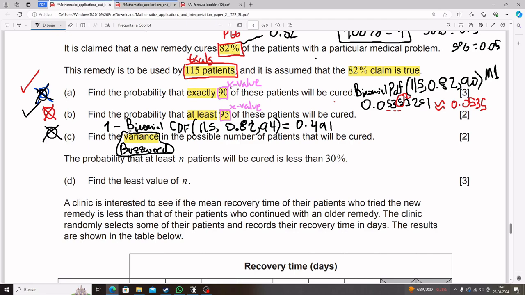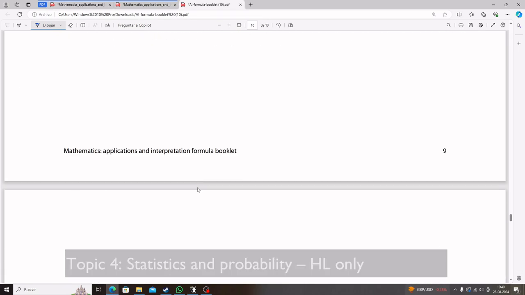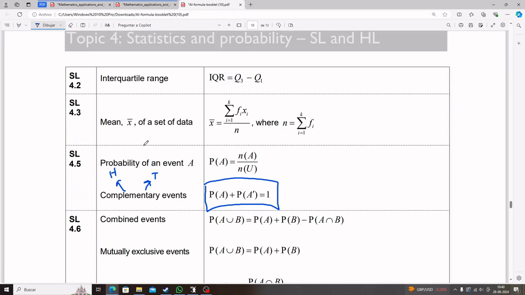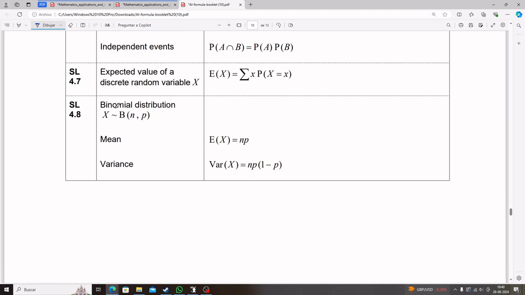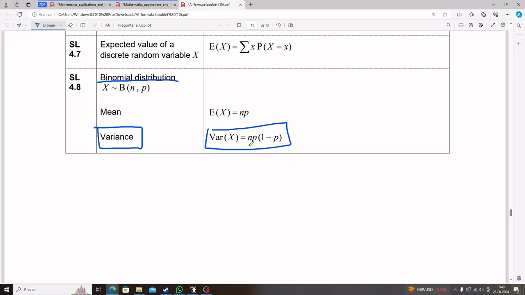So, identify these buzzwords and these concepts that appear on problems and also in the formula booklet. So, eventually in topic 4, you will be finding the variance for a binomial distribution, which is right here. So for the variance of a binomial distribution, you need two things. You need n and you need p.